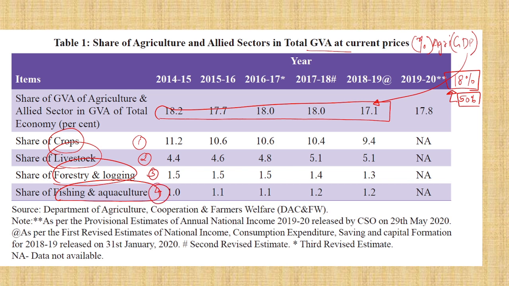These four sections they take. In these four sections, how much? So crops actually contribute at least 10%, livestock contribute 5%, and then forestry and aquaculture contribute 1.2, totally 17 to 18%. So this is what you should know.